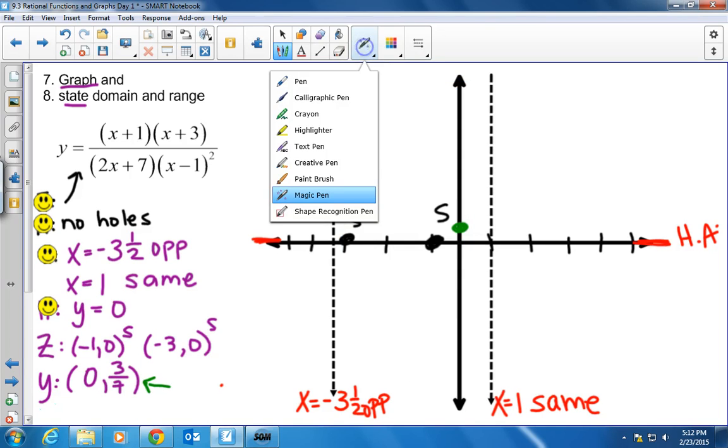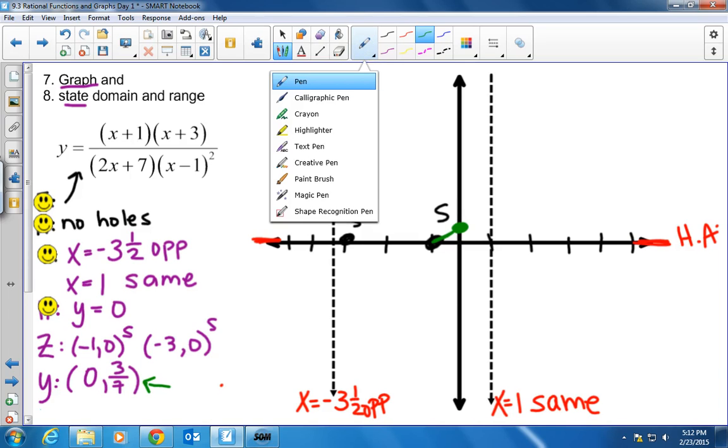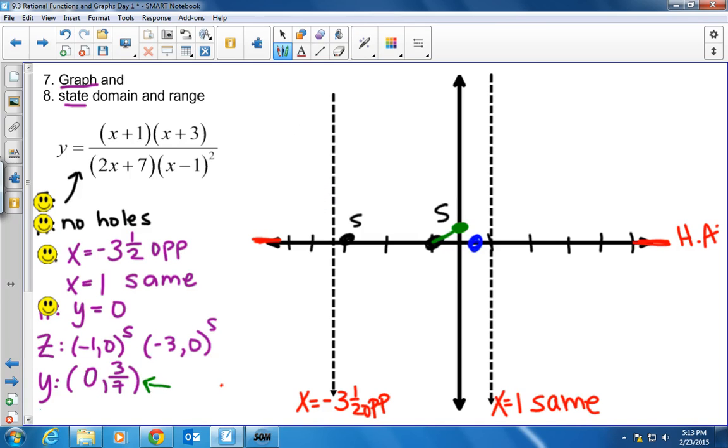So here we go. If you focus on where this y-intercept is right here, notice that it is above the x-axis, which means if I connect this to the x-intercept, it's going to look like this right here. That starts everything. Notice that there is not an x-intercept over here. And remember, an x-intercept is like a door.